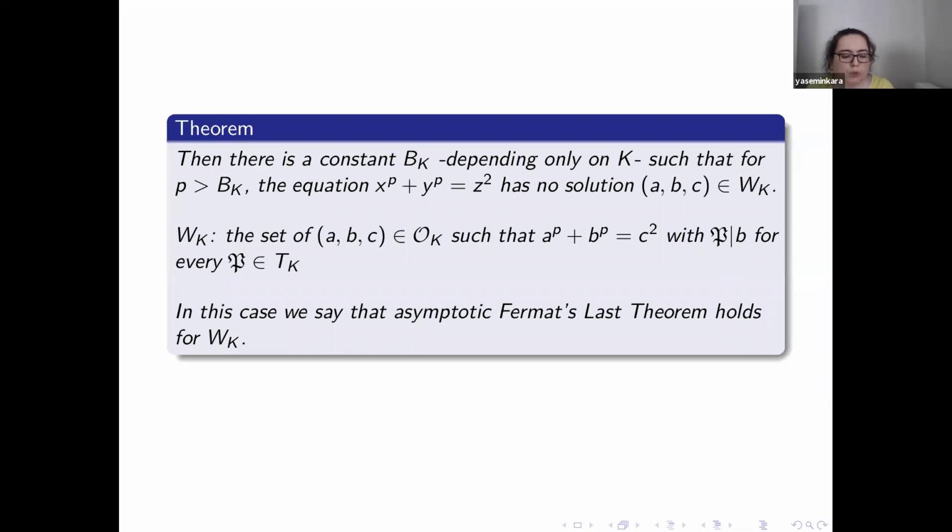Okay, we were not able to prove that for all p bigger than this constant we do not have any non-trivial solution, but we are able to prove that there are no solutions which have a special type. And here you can see the details of how these solutions look.